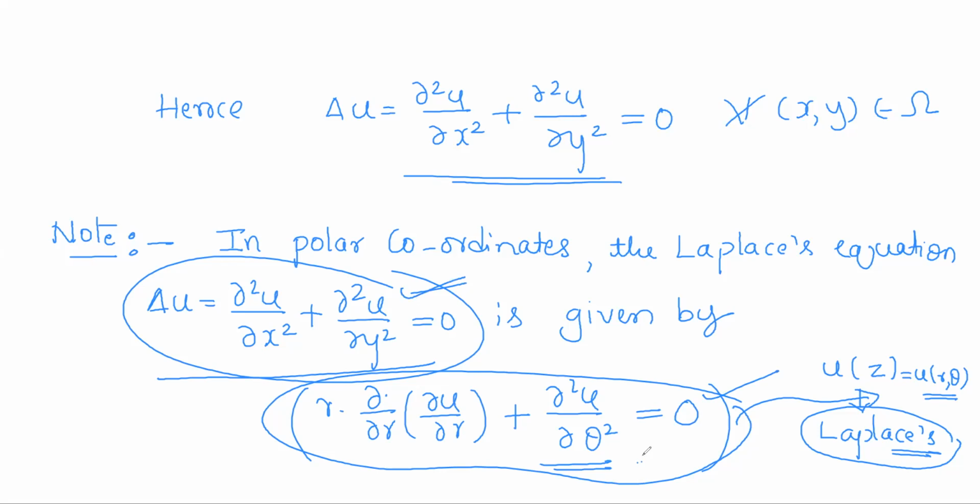So this condition helps in verifying that a given function in polar coordinates is a harmonic function. To verify the Laplace equation for a function given in polar coordinates, we use this. This equation is treated as the Laplace equation in polar coordinates.